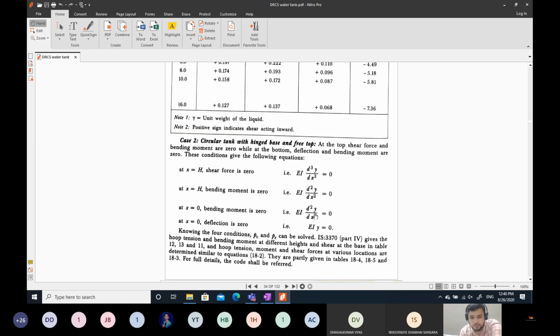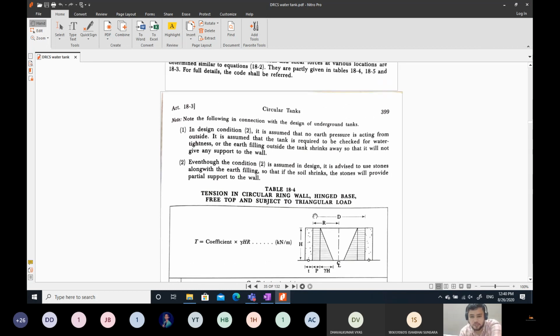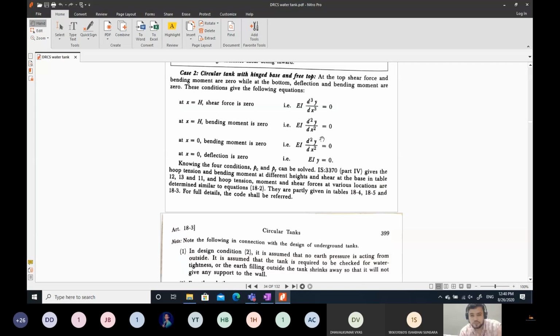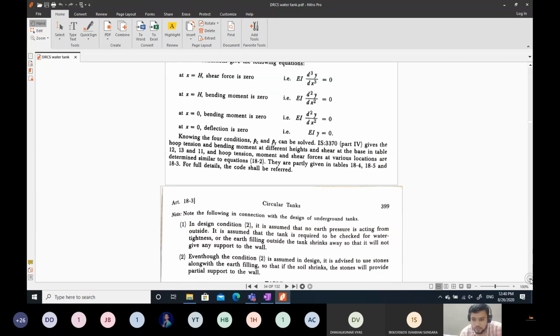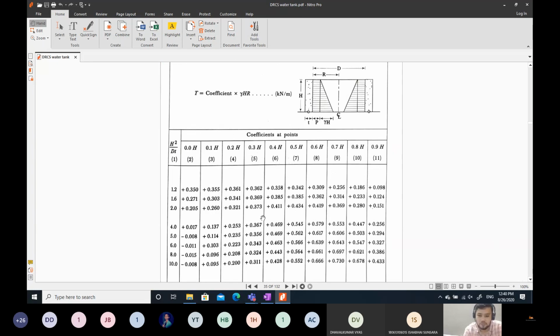Okay, and they are based on the same theory which we have gone through. So based on the final solution of this theory, you can have such tables. Okay, but you can refer to IS 3370 part 4 for such tables.